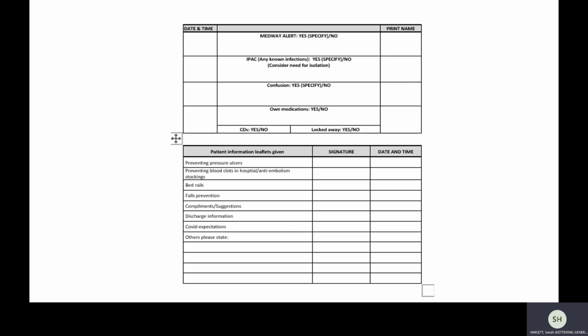So for each patient that comes in, it's important that we check to see if there are any Medway alerts. Jane does have an alert on Medway, and that is her penicillin allergy. Other alerts could include if the patient has a learning disability, or if they've been a victim of domestic violence, or if they have had violent behaviours towards staff.